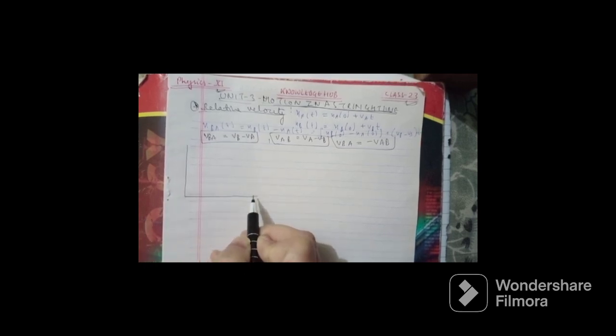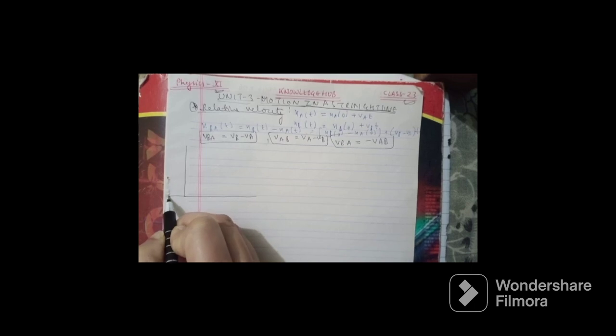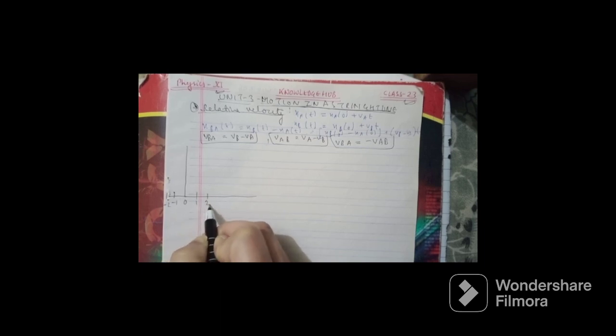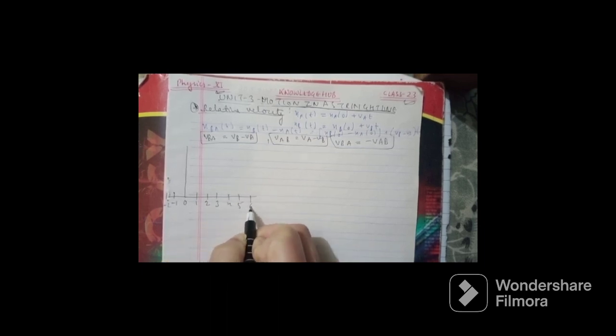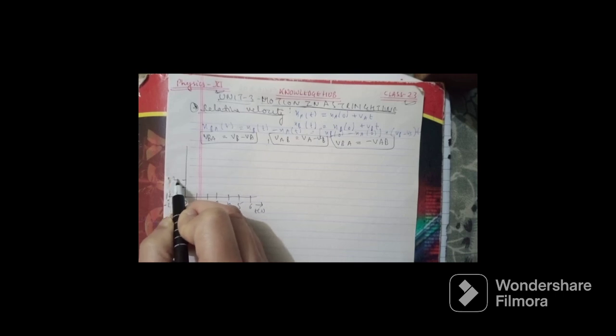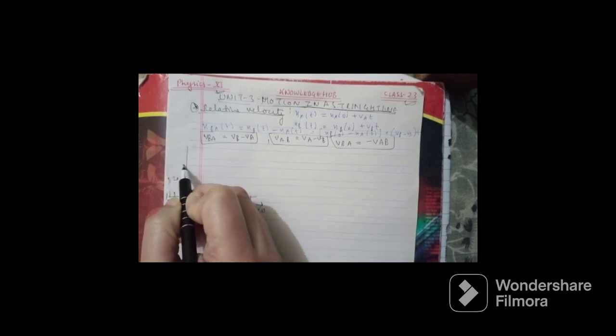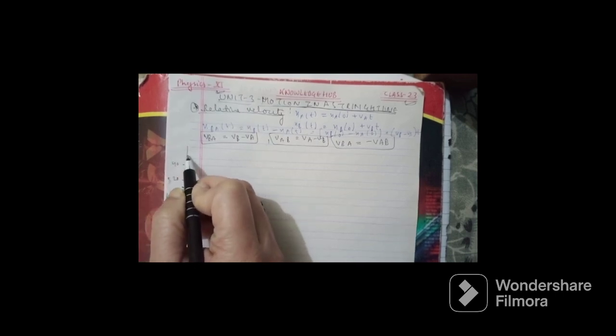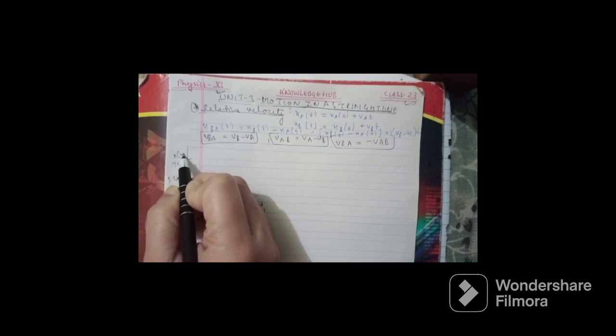This is a graph. The time axis is marked minus 1, minus 2, 0, 1, 2, 3, 4, 5, 6, and the position axis is marked 20, 40, then x.